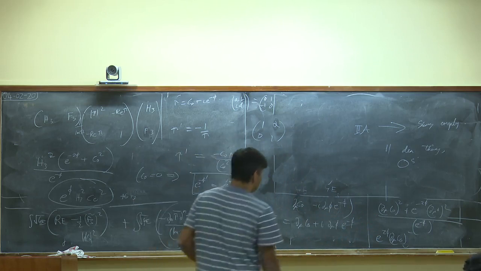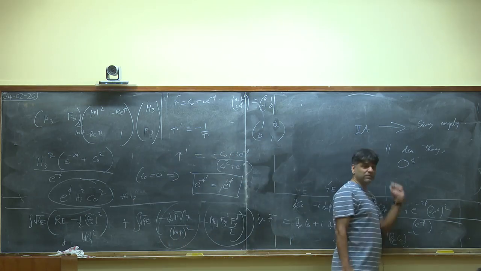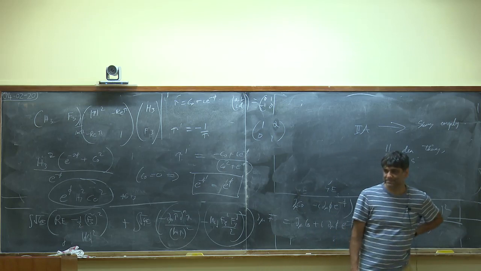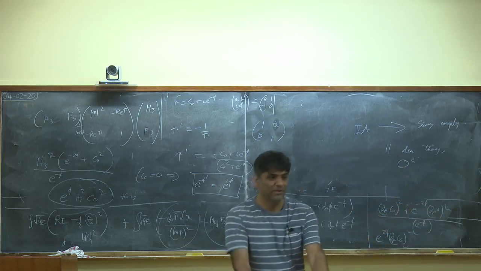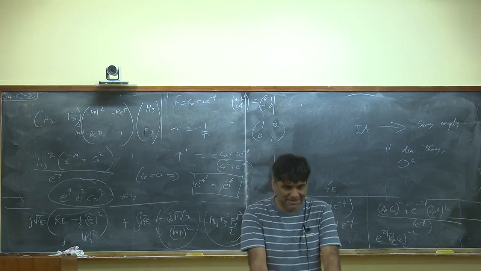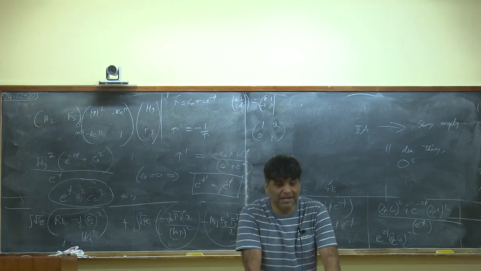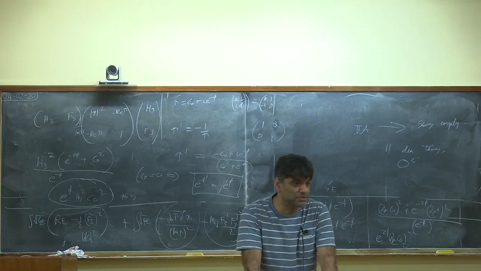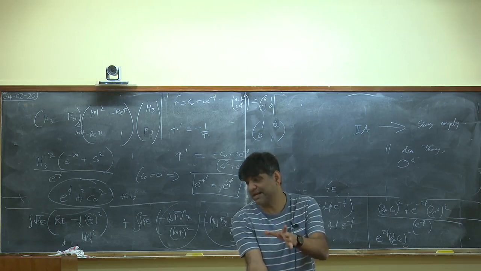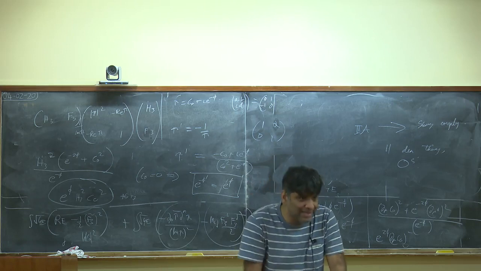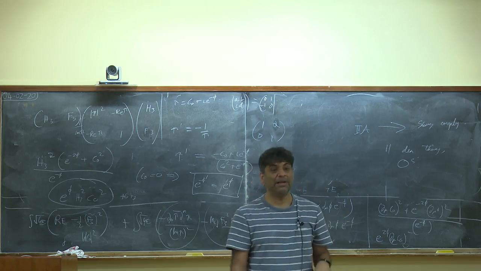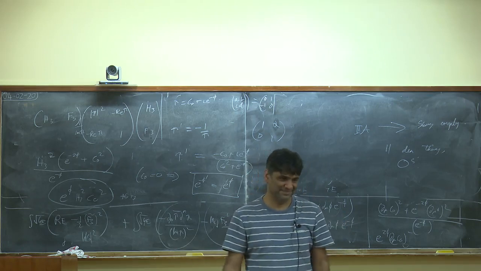Now I want to use this to say something about 2B theory. What is the relationship between 2A theory and 2B theory? Well, I haven't even shown you yet. But under T-duality, the bosonic string on a circle R became a bosonic string on a circle 1 by R. I will show you that under T-duality, 2A theory on a circle R becomes 2B theory on a circle 1 by R.